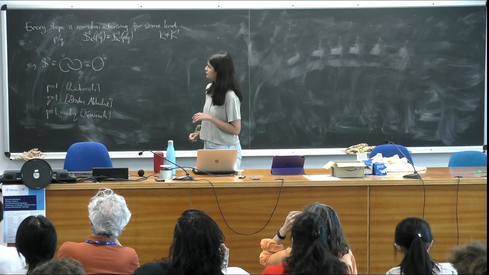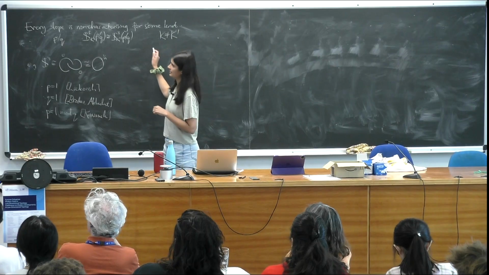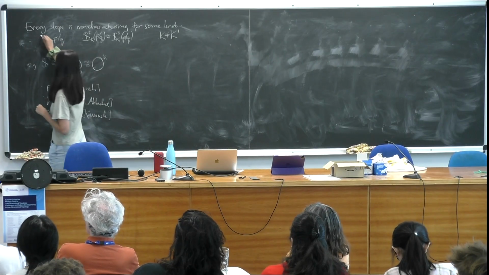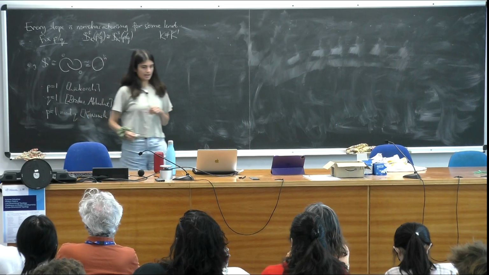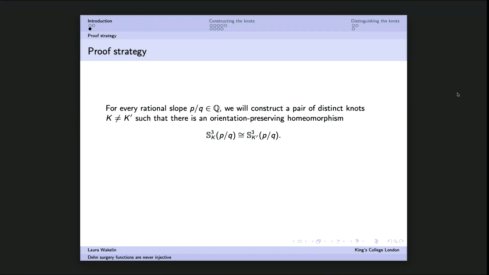So the strategy, as I mentioned earlier, we're going to fix a slope p over q. In most of the talk, we'll be talking about how to construct this homeomorphism between surgered manifolds. And then in the last part, we'll be showing that, in fact, these knots are really different knots.